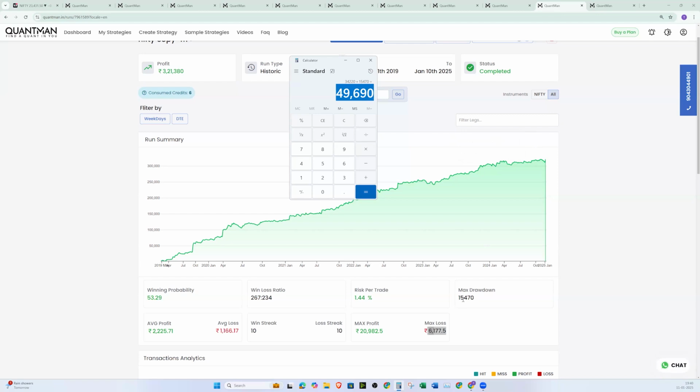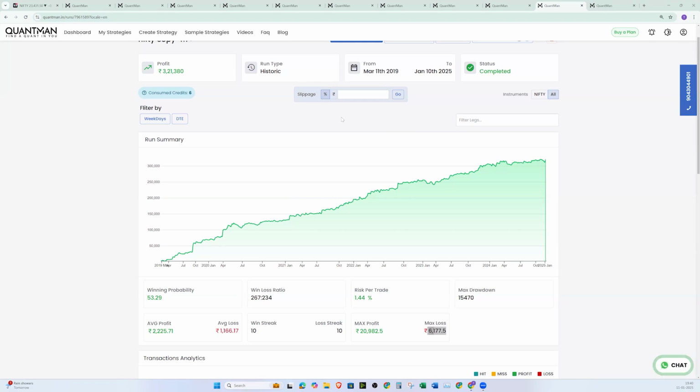Here 15,000 is shown. I double it, which is 30,000, plus the required margin to take the trade, 18,000. In total for a single lot to deploy, I need to maintain a margin of around 49,000 to 50,000. If you deploy one lot in option buying in Nifty, you need to maintain 50,000 capital.